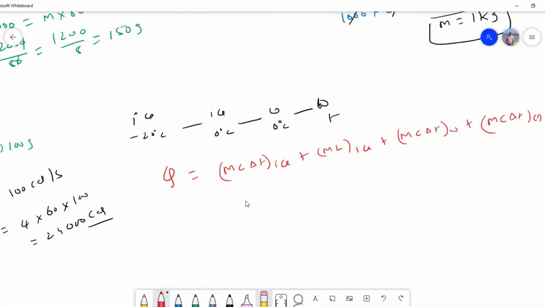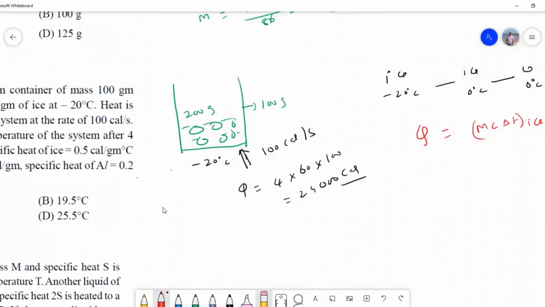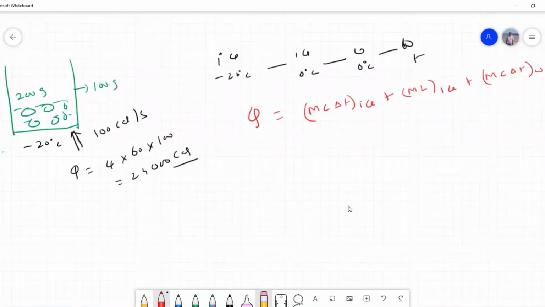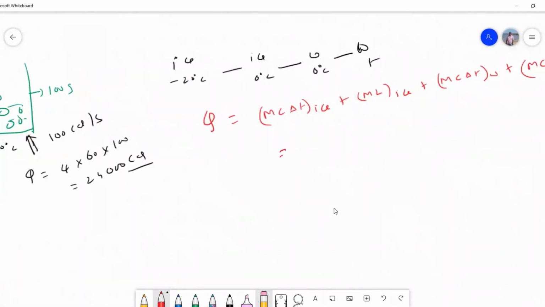That is aluminum. Is it made up of aluminum? Yes, it is. Now we need to substitute those values. So we know that 200 grams of ice is added to it. So 200, and we all know specific heat of ice is 0.5, and the change of temperature is 0 minus minus 20, plus 200 into latent heat of ice, which is 80.